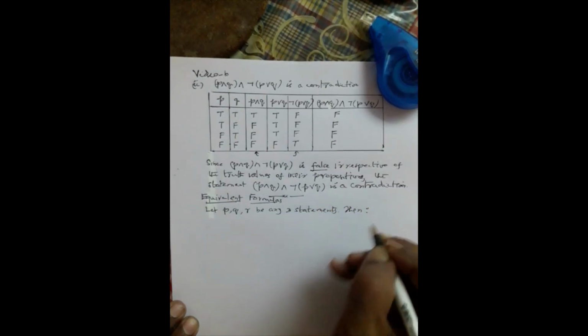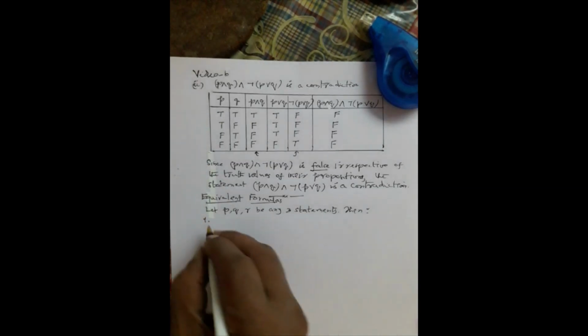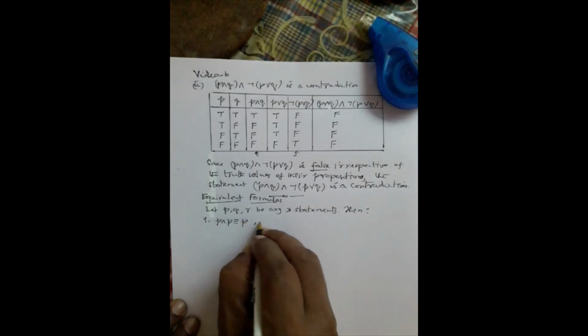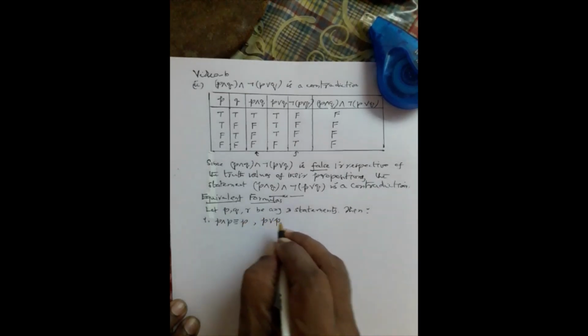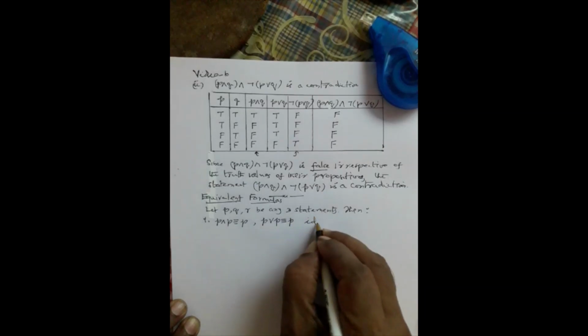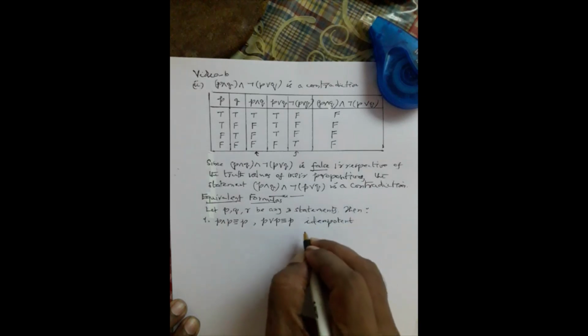Then we have the following equivalences. Number 1: idempotent law. P and P is logically equivalent to P. P or P is logically equivalent to P. This law is known as idempotent law.